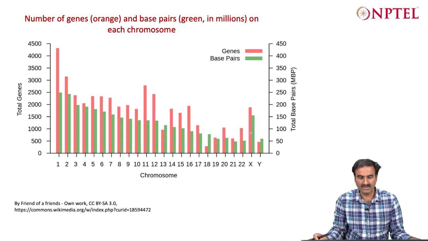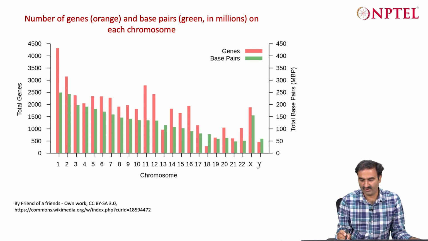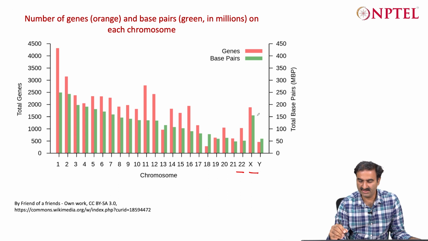In this picture I am showing all 24 chromosomes of human, 22 autosomes and the X and Y chromosomes. The pink color indicates the number of genes and the green color indicates the base pairs, or the length of the chromosome.